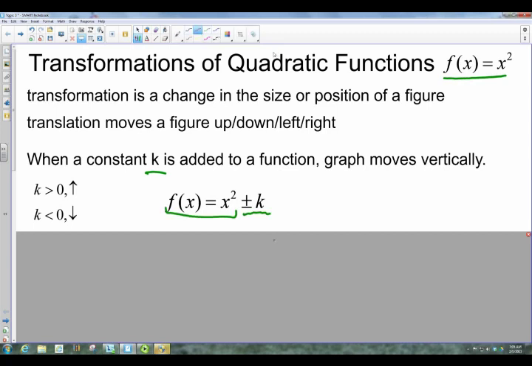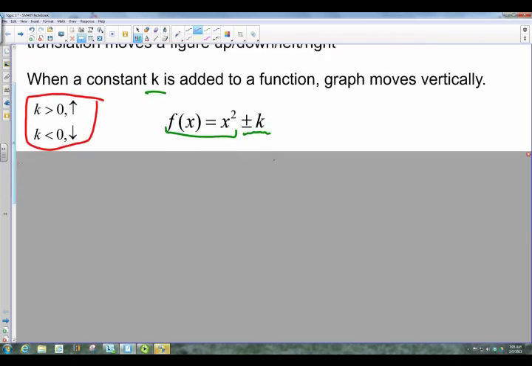If the k is bigger than 0, the graph is going to be moved up. If the k is less than 0, the graph is going to be moved down. So you just think of this as your y value, moving things up and down the y-axis. So that's how that k works. And again, if you notice, it's on the outside of your x squared, and that's important to understand.